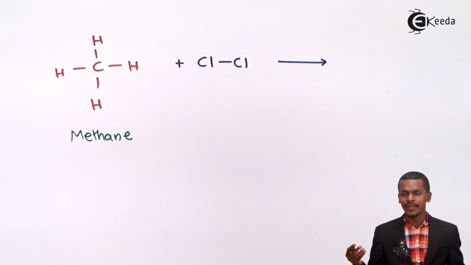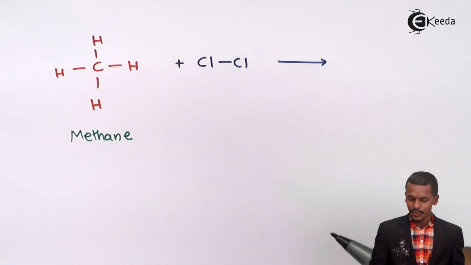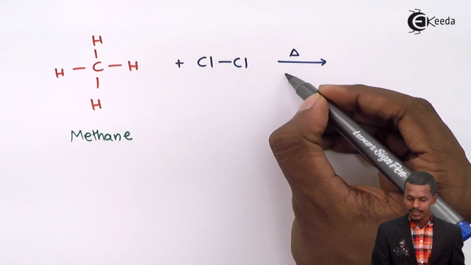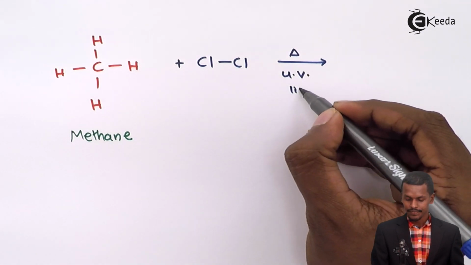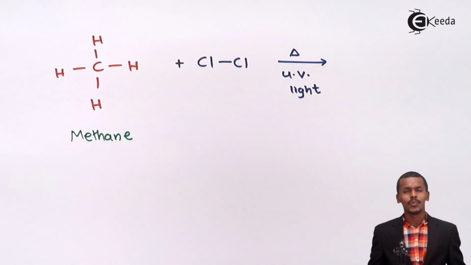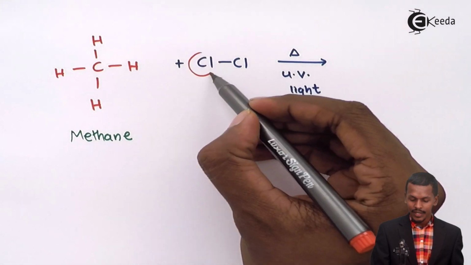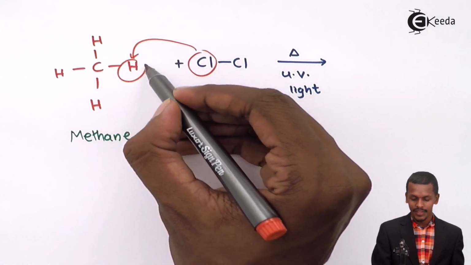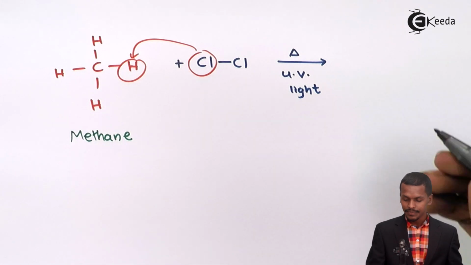and that too in presence of a particular condition, and in this case we could either heat it or give UV light. In this process, homolytic fission of the chlorine molecule takes place, and that's the reason that one of the chlorine atoms will replace one of the hydrogen atoms of the methane, and that's the reason we could get the product.